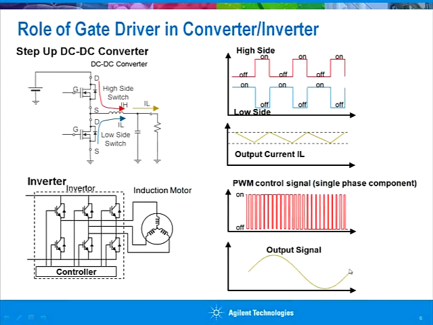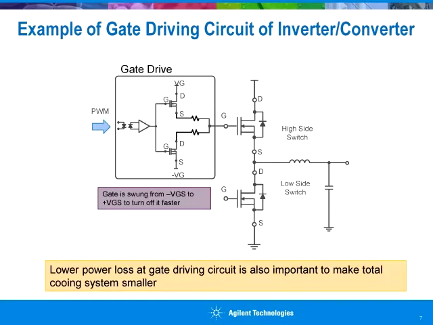So to design the converters or inverters, the gate driving circuit is very important. It's one of the most important components to realize such converters and inverters. This is the example of a gate drive circuit of the switching converters.